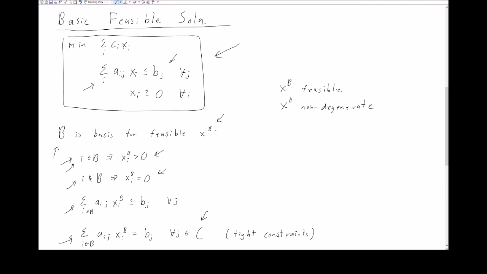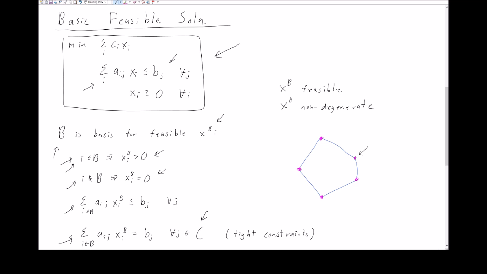To get a little bit of a better understanding of what a basic feasible solution is, we can look at geometry. Here we're drawing the polyhedron for the constraints of a linear program. The basic feasible solutions correspond to all of the corner points of this polyhedron. Every corner point corresponds to a particular basis, and every basis correspondingly maps to a particular corner point of our polyhedron.